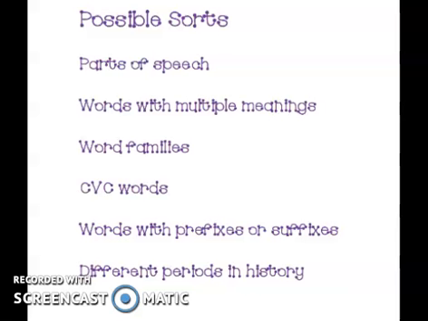Words with prefixes or suffixes. We kind of hit on that. Or like in social studies, you could do different periods in time. Like, do these terms go with the Revolutionary War or with World War II? Those are some possible ideas or ways that you could use word sorts as a way to engage kids, get them talking, and get them making those connections.